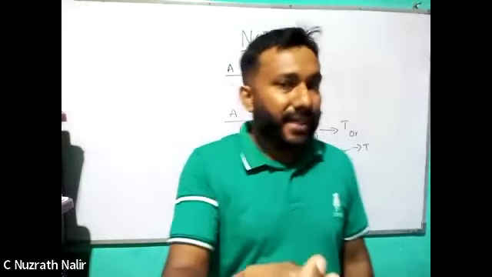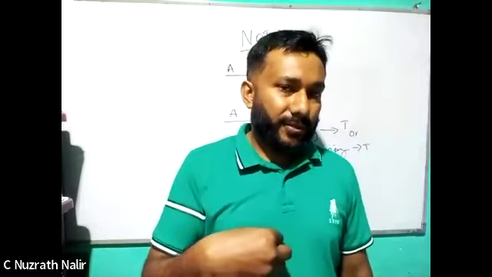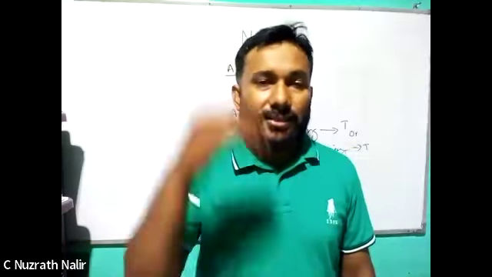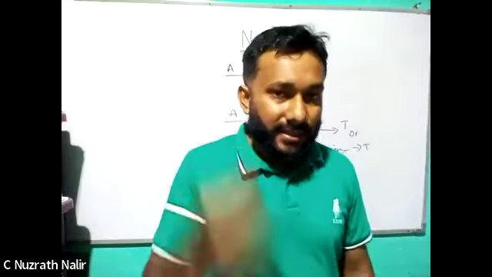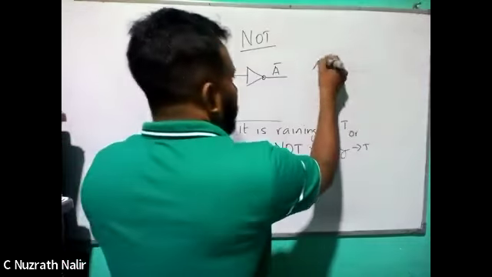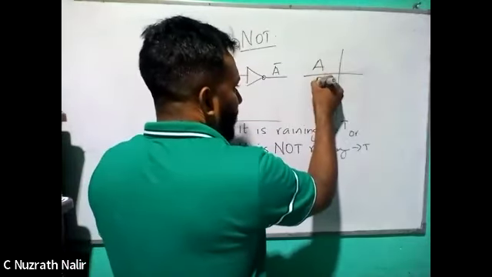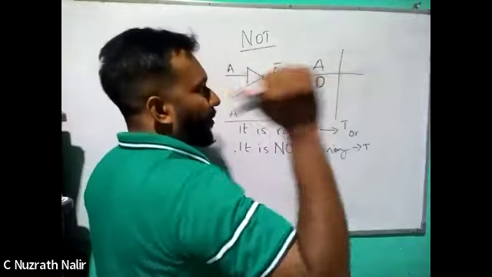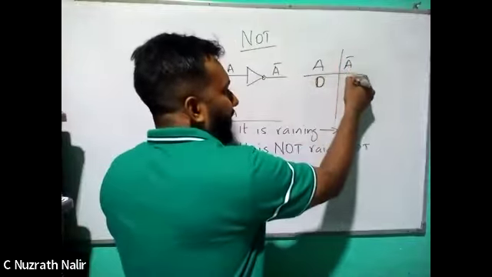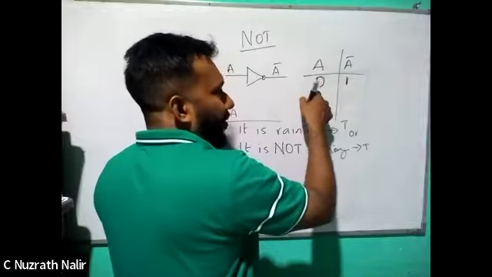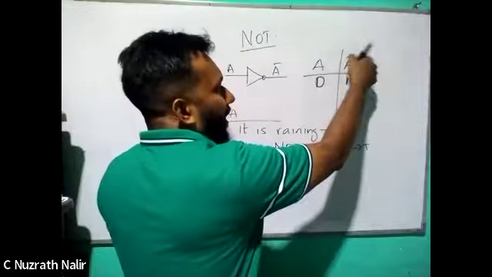Okay, either one will be correct, otherwise mine will be correct. So we can't say that both are correct. Is this clear? So I say it's raining. Let's say this one is true, this one is false, but it's not raining. You say no, it's raining, because if it is zero, then A bar.